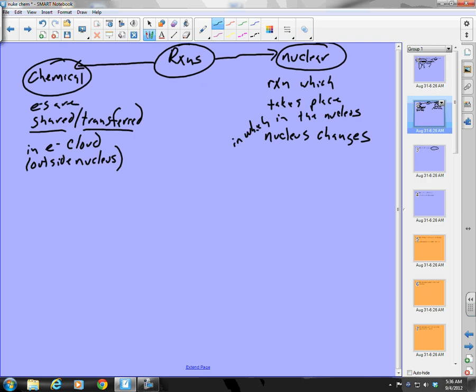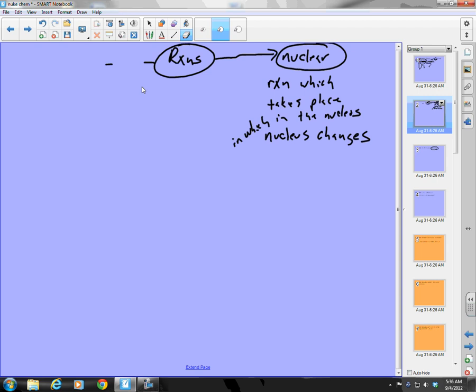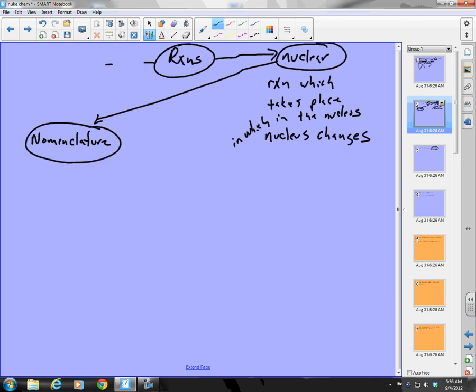So let us come back here. Let's clean up my chemical side and give us some more space. And let's work from my nuclear side. So we have nuclear reactions, and we want to talk a little bit about some nomenclature, meaning let's learn some words, some vocabulary related to nuclear reactions and nuclear chemistry.